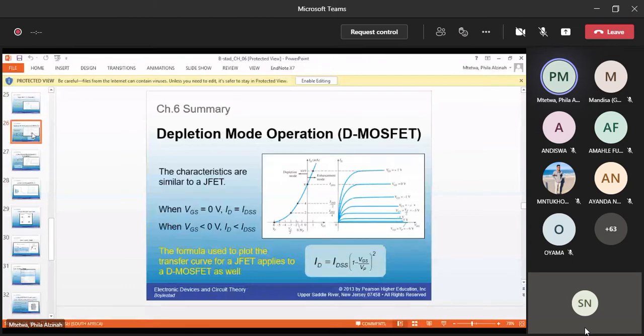The characteristics of a depletion type MOSFET are similar to a JFET in the sense that your ID, which is the output current, is given by Shockley's equation: ID equals IDSS times 1 minus VGS over V pinch-off, all squared. So it's similar to the JFET that we saw previously. And then the enhancement mode MOSFET, the one that I said doesn't have a pre-existing channel, gets enhanced.